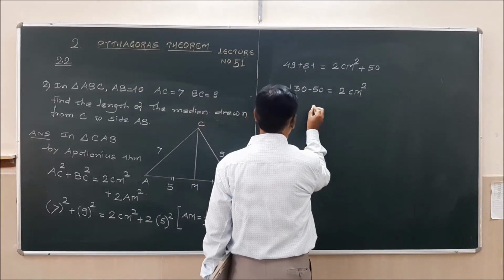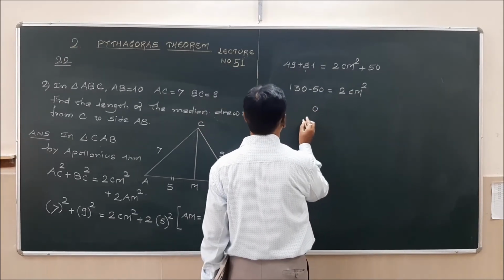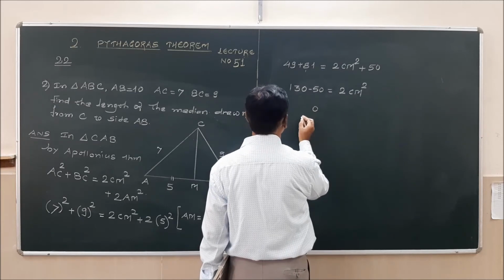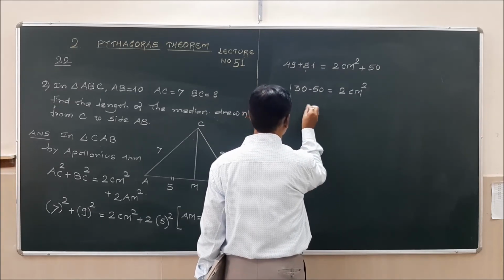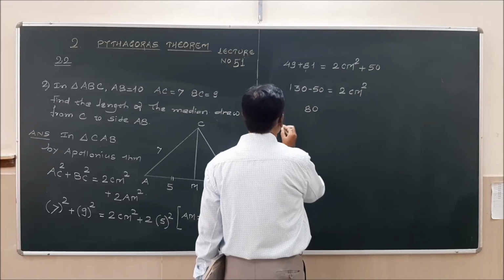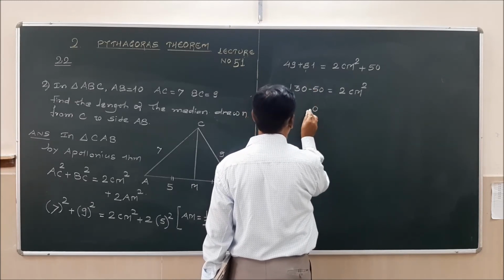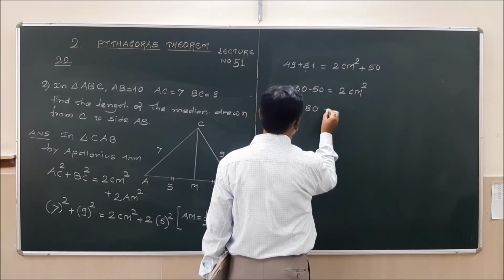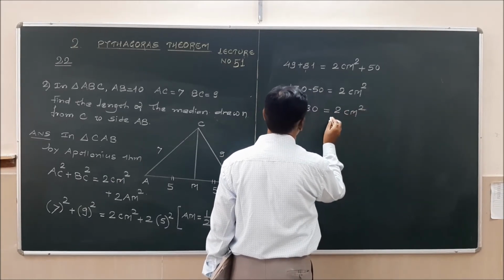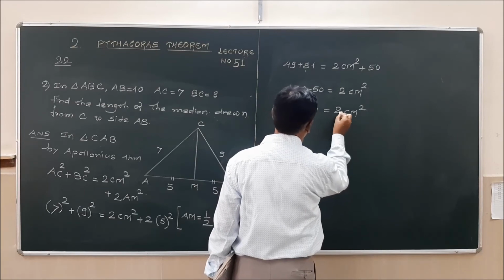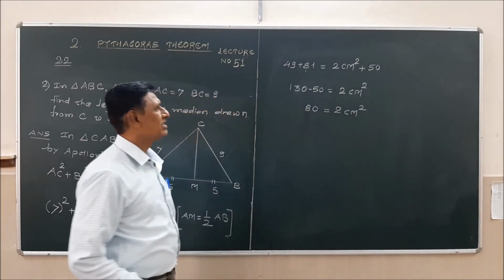Subtracting this now, the difference between these two is 80, which is equal to twice CM squared.